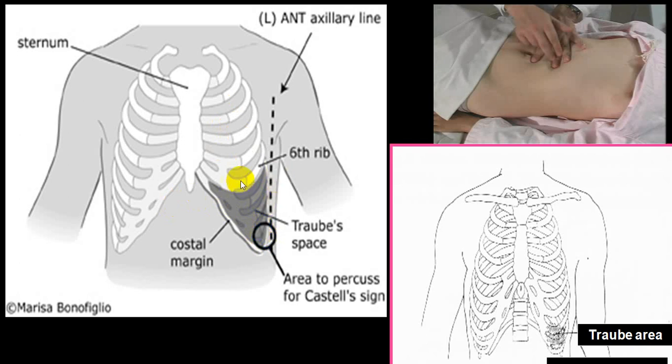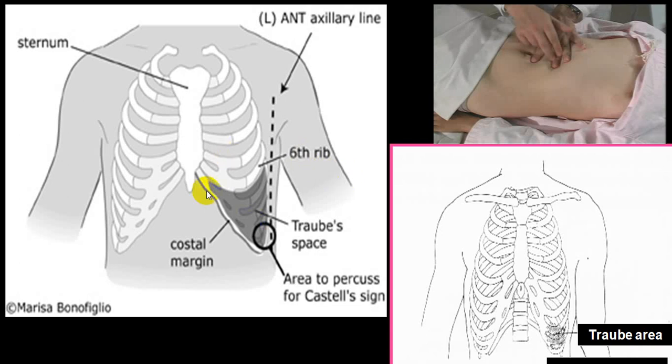The upper border is by the lung. So in a lung pathology on the left side, like left side pleural effusion, left side pneumothorax, left lower lobe collapse, left lower lobe consolidation, the Traube space may be difficult to elicit and it may be absent.